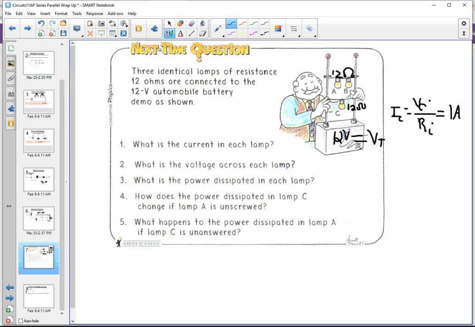If you use Ohm's law, since the V up here is 12 and the resistance is 24 ohms, the current through A will be the same as the current through B, and they'll both be a half of an amp, 0.5 amps.